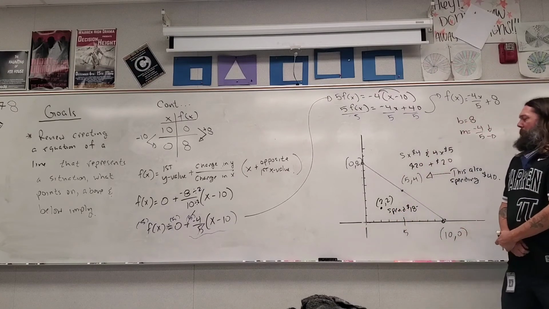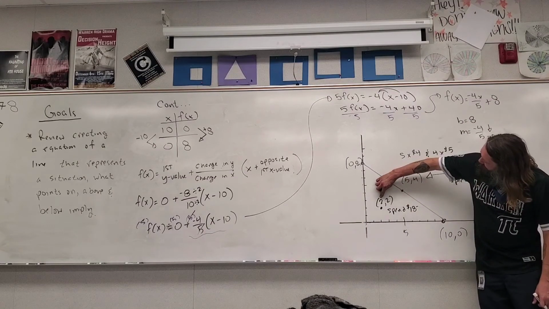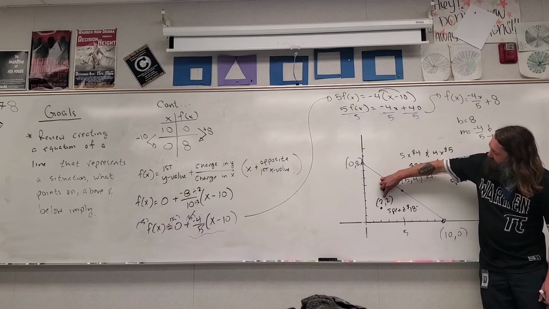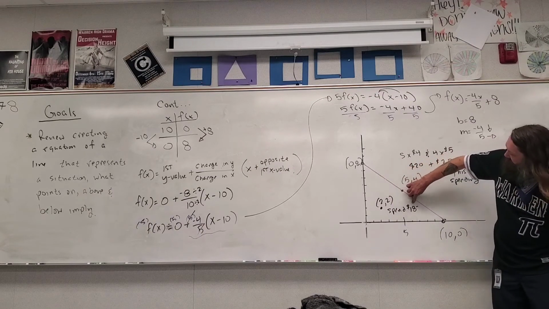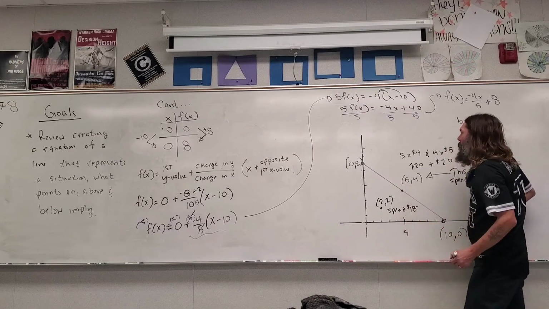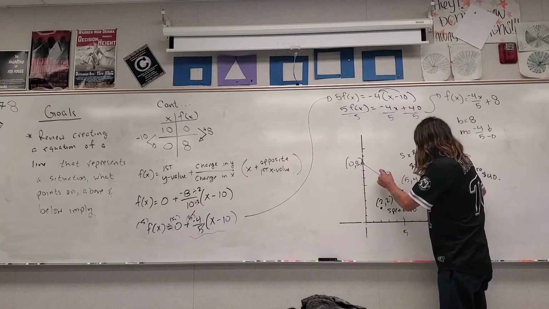Okay? Because I bought 2 $4 hats and 2 $5 masks. Right? $8 in hats, $10 in masks, I spent $18. Notice its location. It's below the line. What if I pick the point, I don't know, 3, 8?